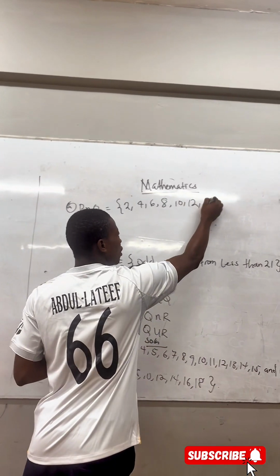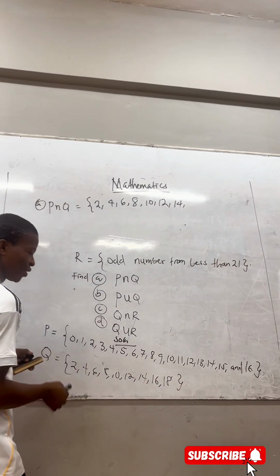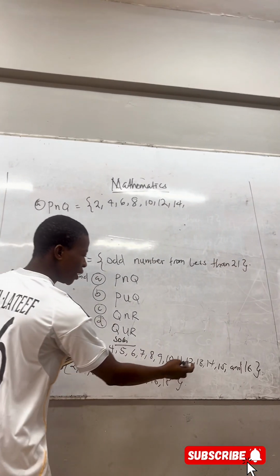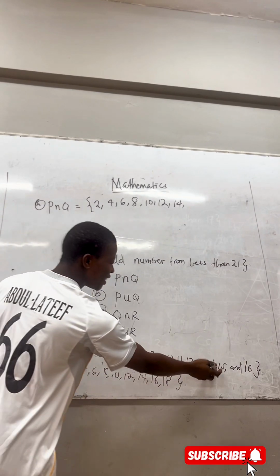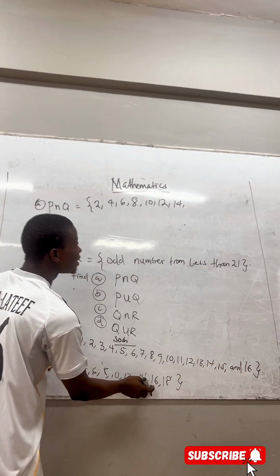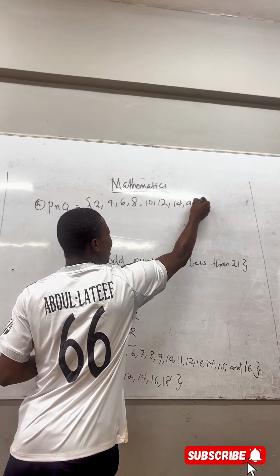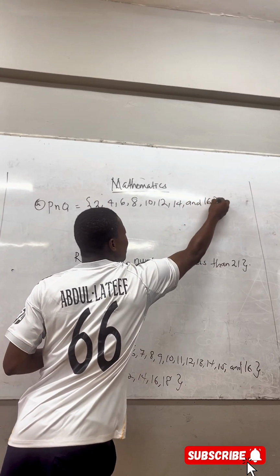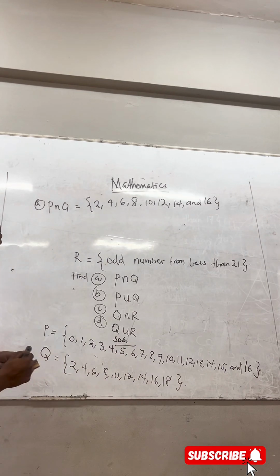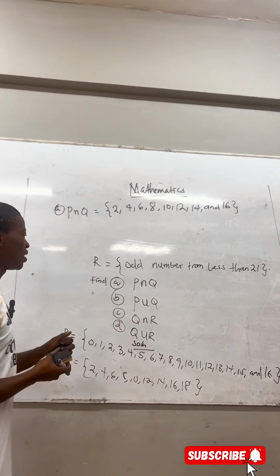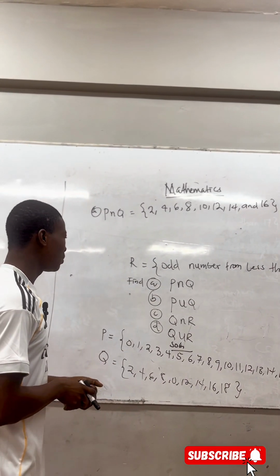So we write 14. 15 is not here, but we have 16, and 16 is here. So that is our last number, 16, because 18 is not in P. So this is our P intersection Q.